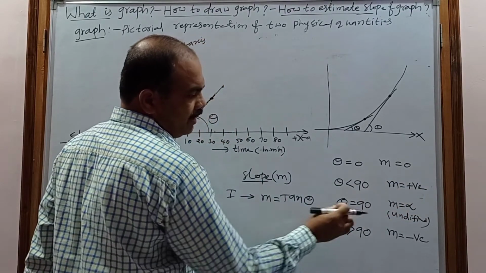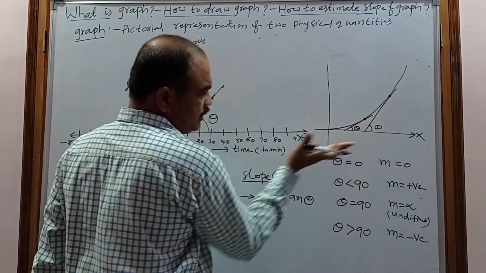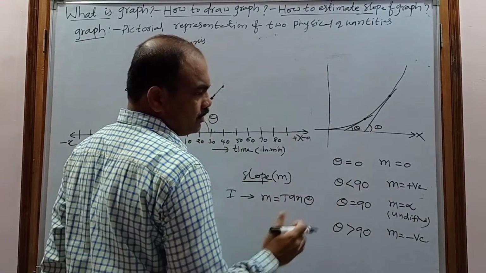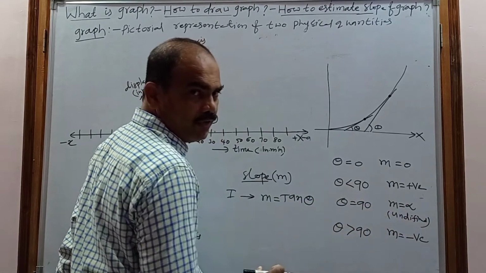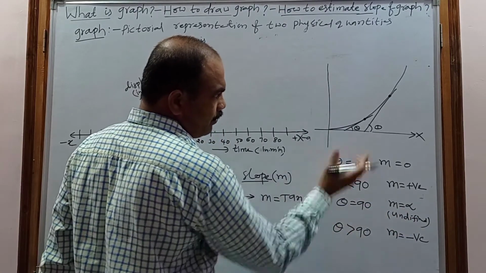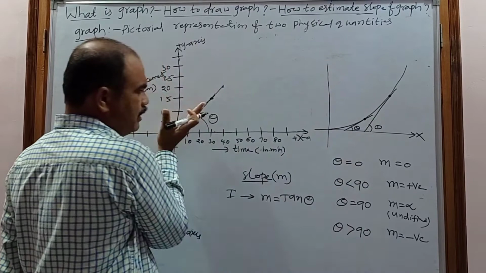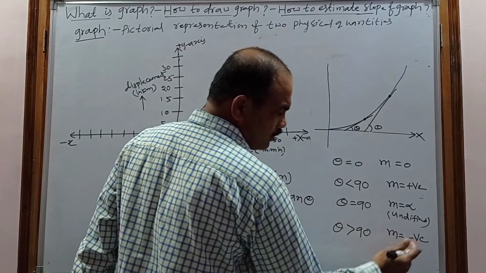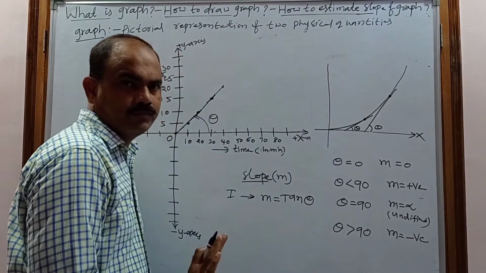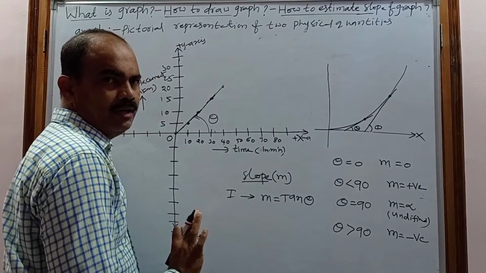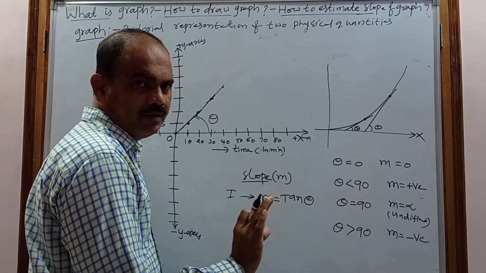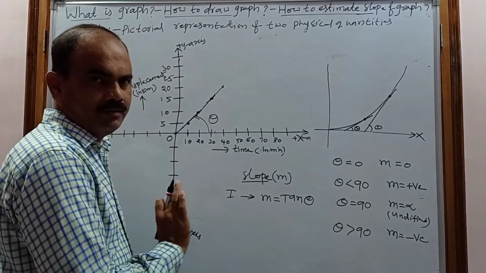If the angle made by the tangent with the x-axis is equal to 90 degrees, then the slope is undefined or infinity. If the angle is greater than 90 degrees, or obtuse, then the slope of the graph will be negative. In this way we can estimate the slope, whether it is positive, negative, zero or undefined. This is the first method.